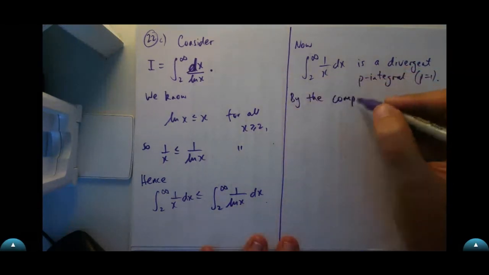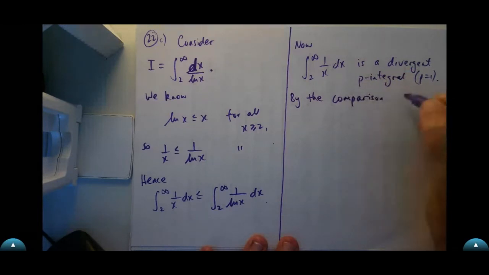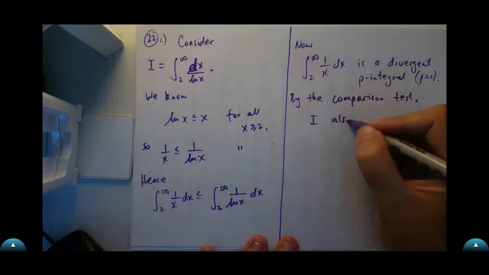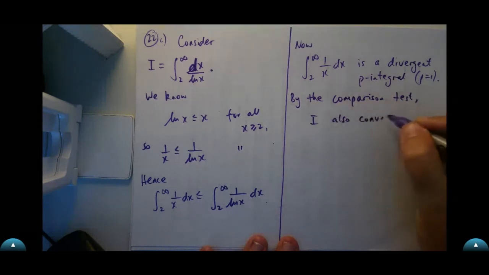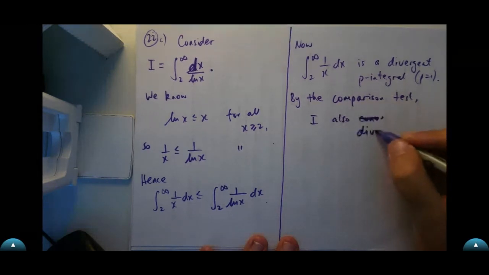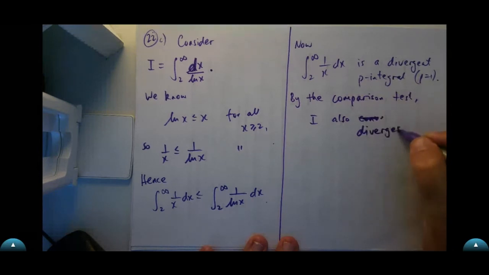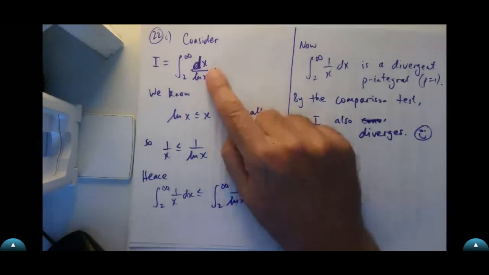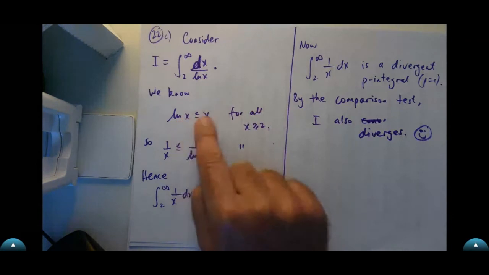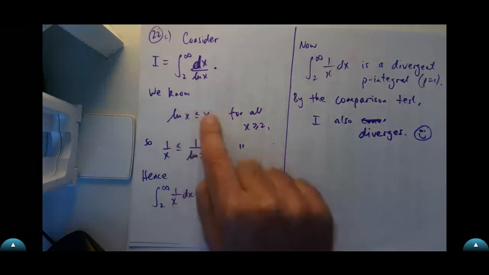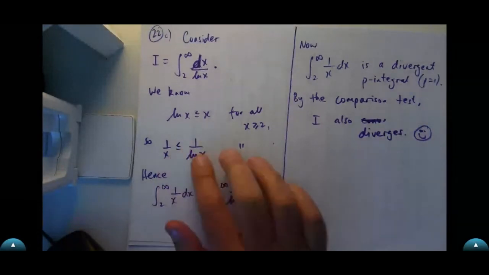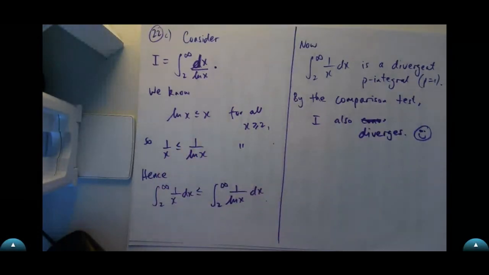So by the comparison test, it diverges. With that one, it wasn't quite clear what was happening, but we sort of worked it out by playing around with these inequalities and saying, oh, okay, well, that diverges, so the integral of that's got to also diverge. Yeah?